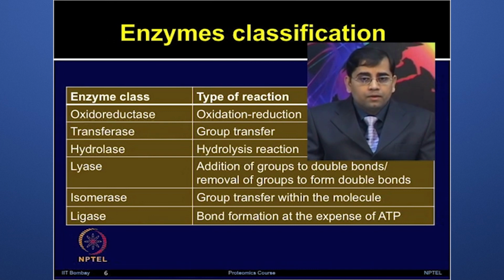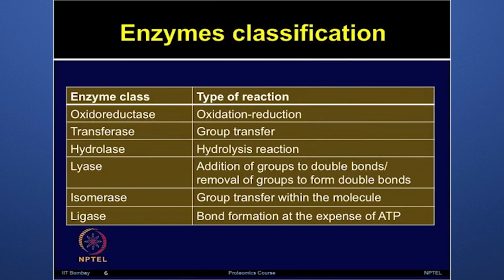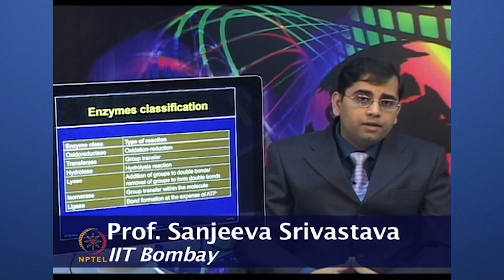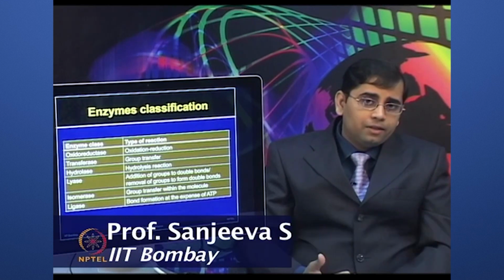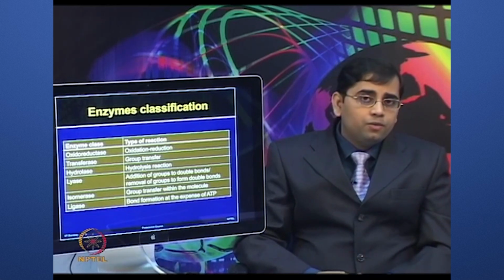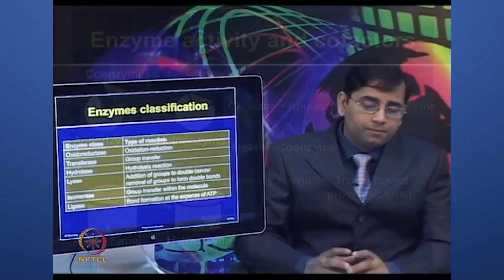Ligase, it catalyzes bond formation by using ATP. Example, glutamine synthetase. These are just few examples, but each enzyme class incorporates various enzymes. Broadly, these are the type of reaction which these enzymes can catalyze.